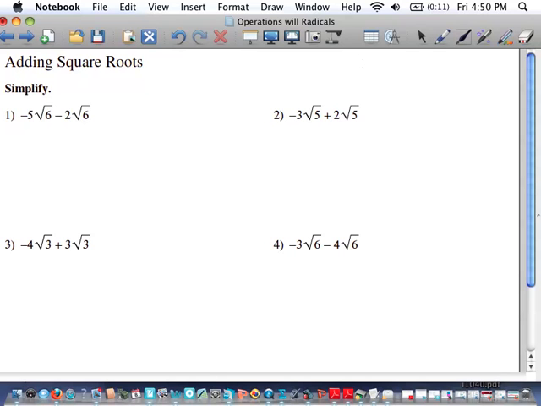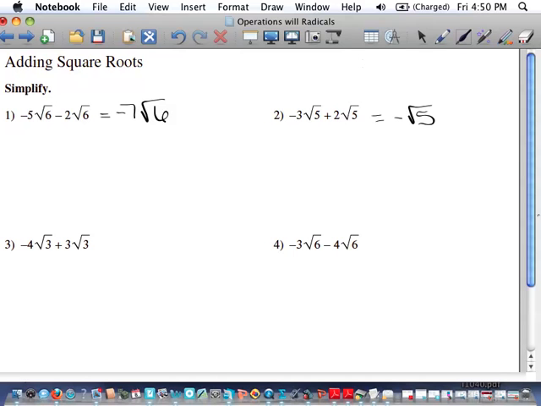So the first one, I have minus 5 times the square root of 6 minus 2 times the square root of 6, which would just be minus 7 square root of 6. The second one, minus 3 square root of 5 plus 2 square root of 5, is just going to be minus the square root of 5.